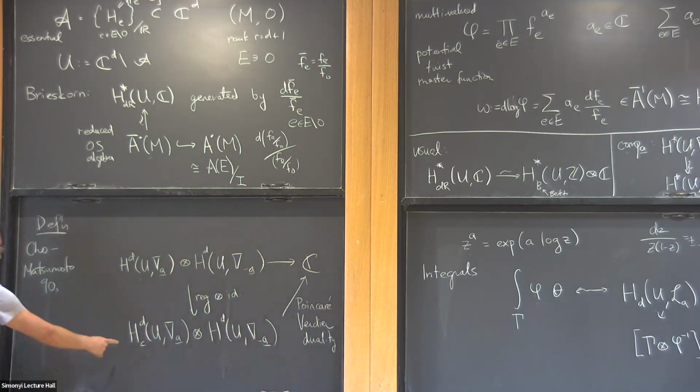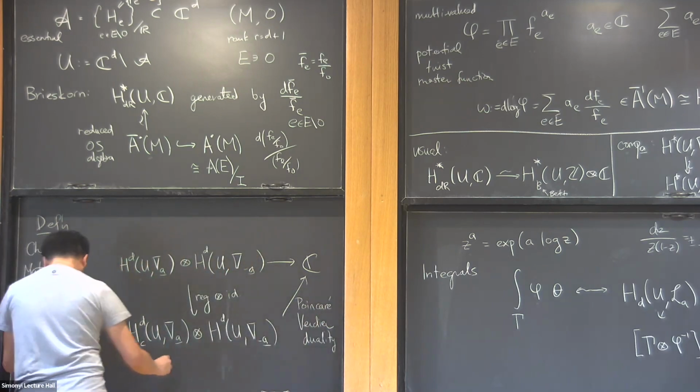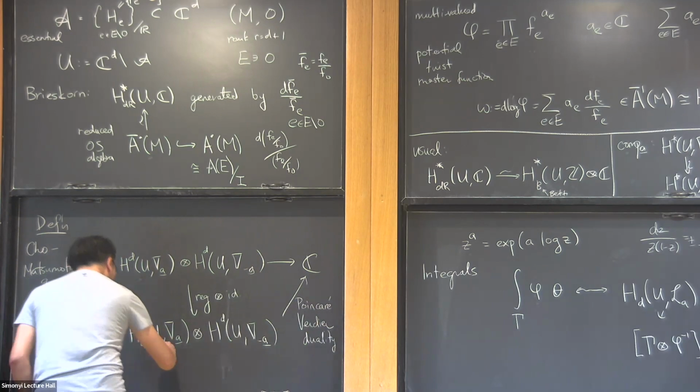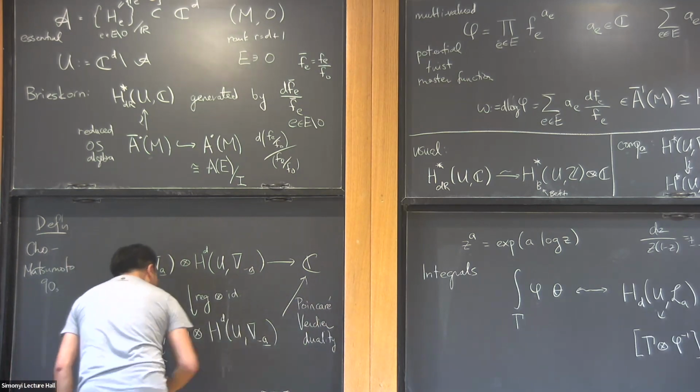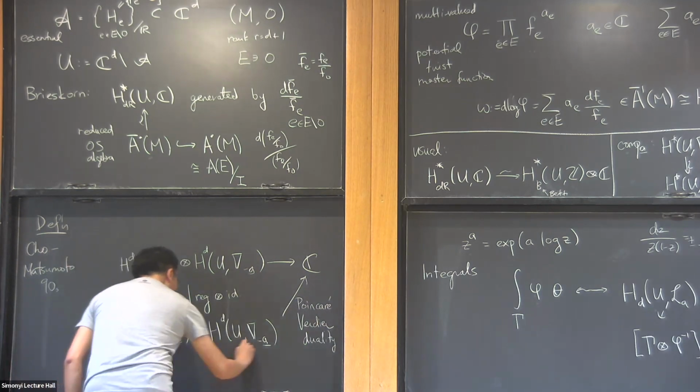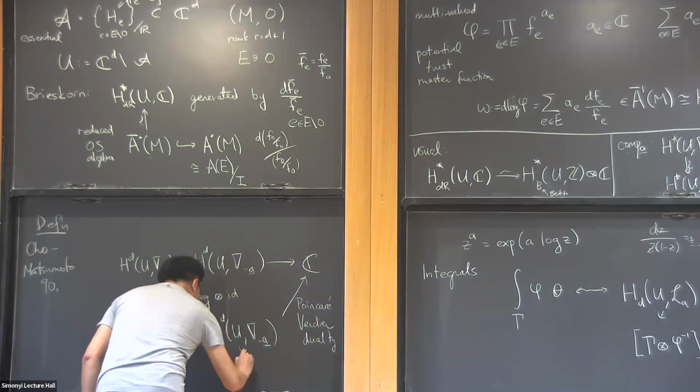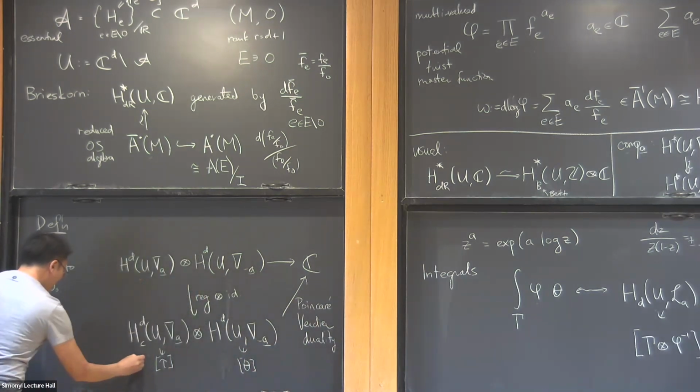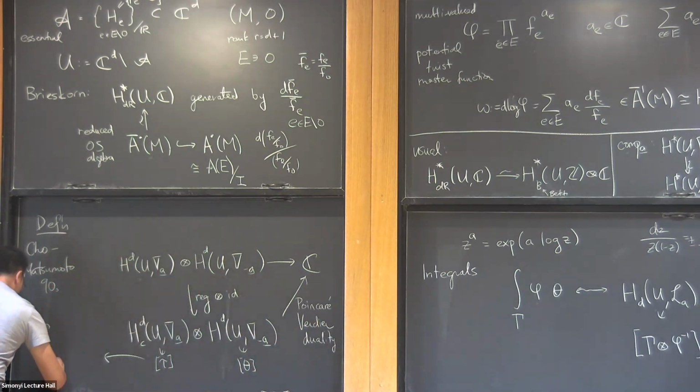To be really concrete, what you do is if you give me a form here, and you give me another form here, then you map it to their wedge product integrated, for reasons I prefer this version.